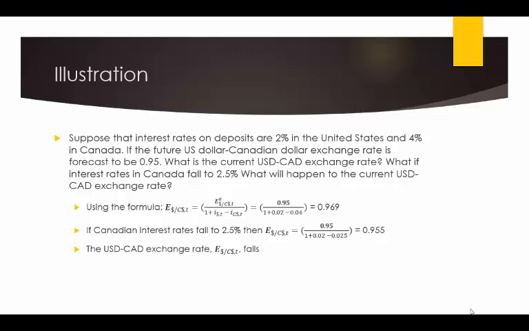We obtain a spot rate of 0.955. So with a fall in the Canadian interest rate, the spot rate falls from 0.969 to 0.955. That is, the US dollar appreciates today in response to the fall in the Canadian interest rate.